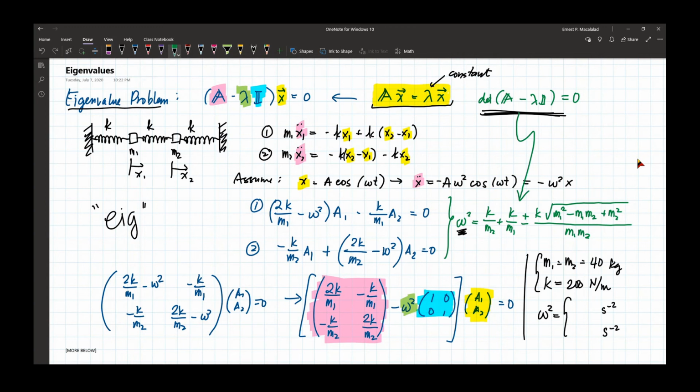It's a long solution when we do it manually, like 2 pages worth. This is plus minus.